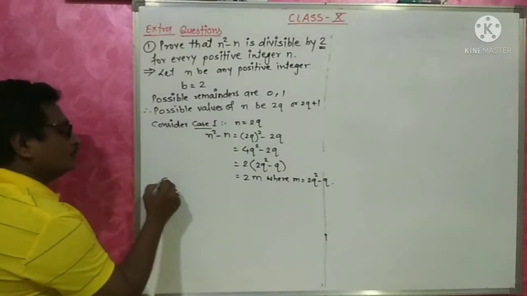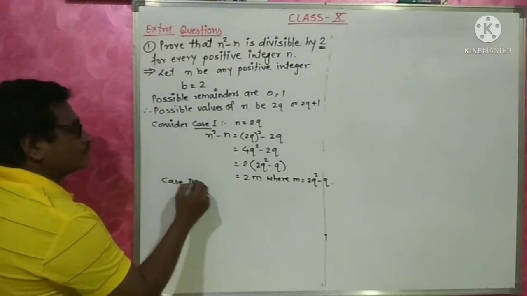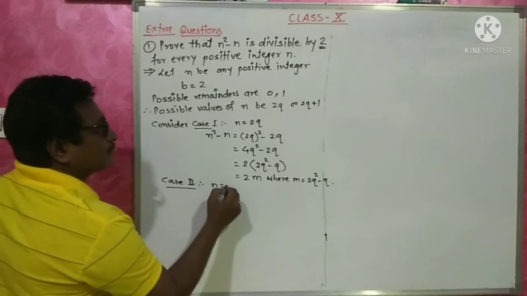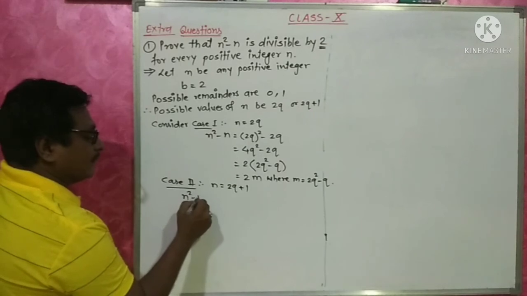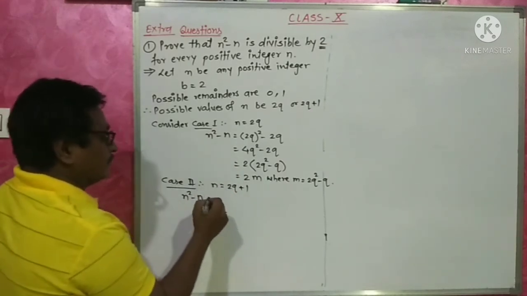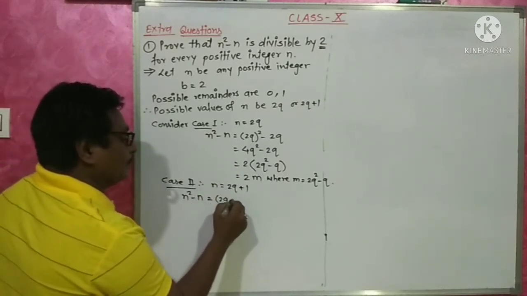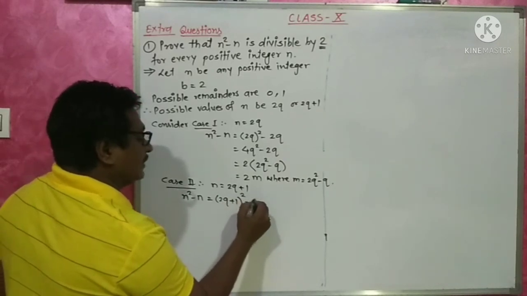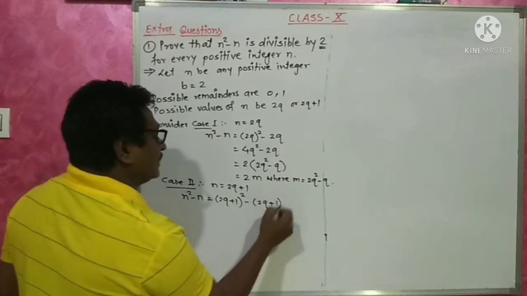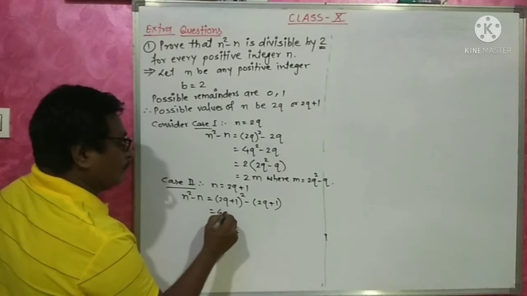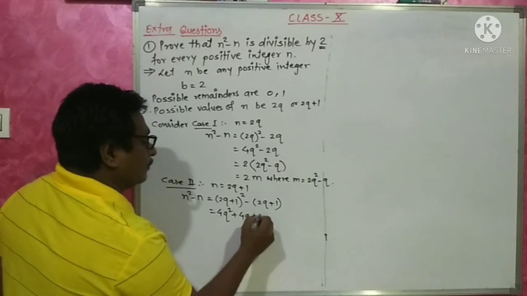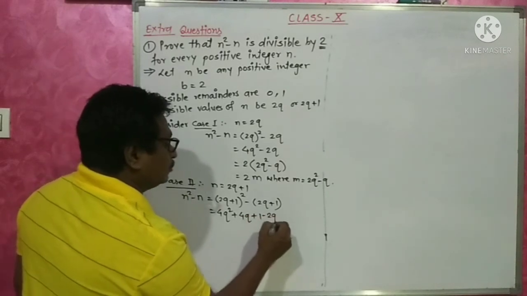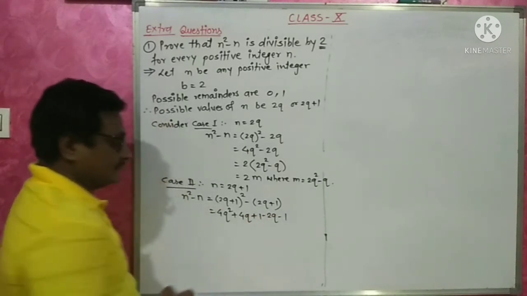Now case 2, n equals 2q plus 1. So n square minus n is (2q plus 1) whole square minus (2q plus 1). That is 4q square plus 4q plus 1 minus 2q minus 1.